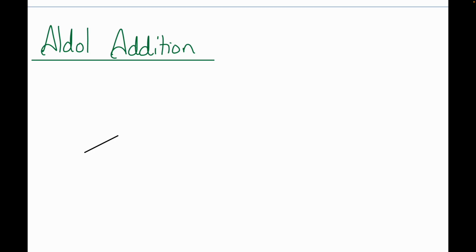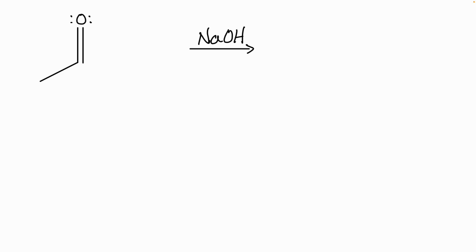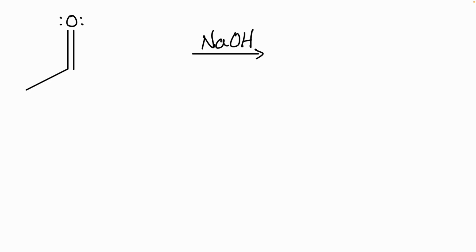Okay, so if we have an aldehyde or ketone, we're just going to start with our simplest possible aldehyde here. What we're going to do is we're going to add in some NaOH, some base. All right, and that first step is going to be that base playing the role of a base, being a proton acceptor.